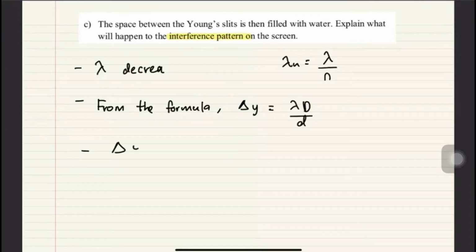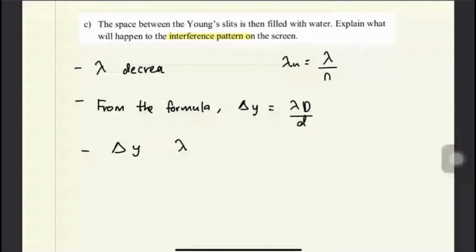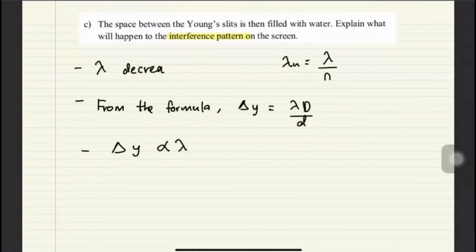From here, what can you say about lambda and delta y? What is the relation between delta y and lambda? Directly proportional, very good. So if it is directly proportional, if lambda decreases, therefore delta y will decrease.